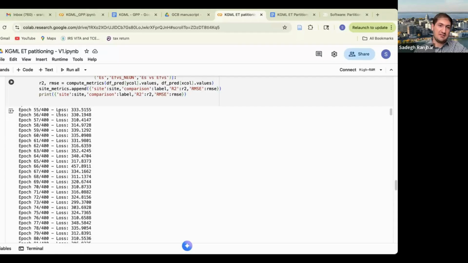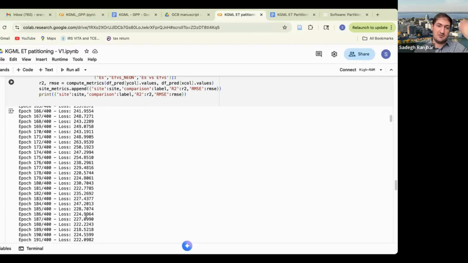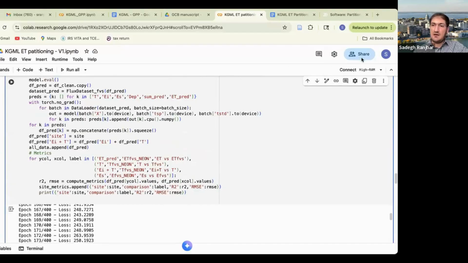For example, here you can see that the loss is getting reduced after each epoch and each training to reach a lower loss. And yeah, this is the code part.